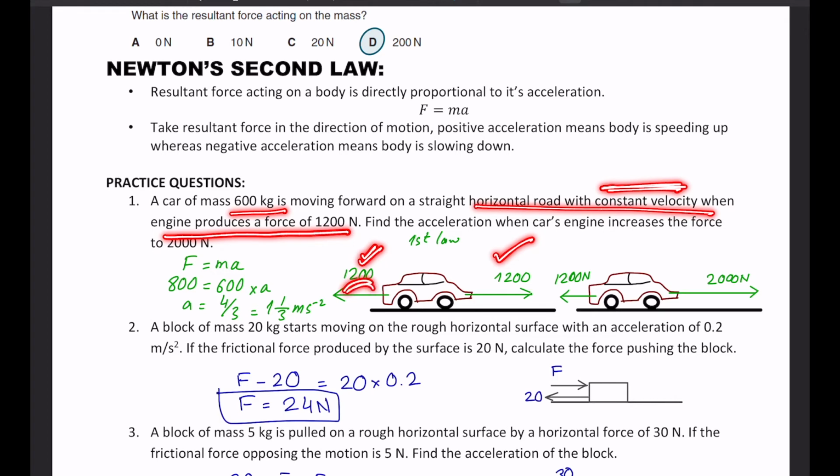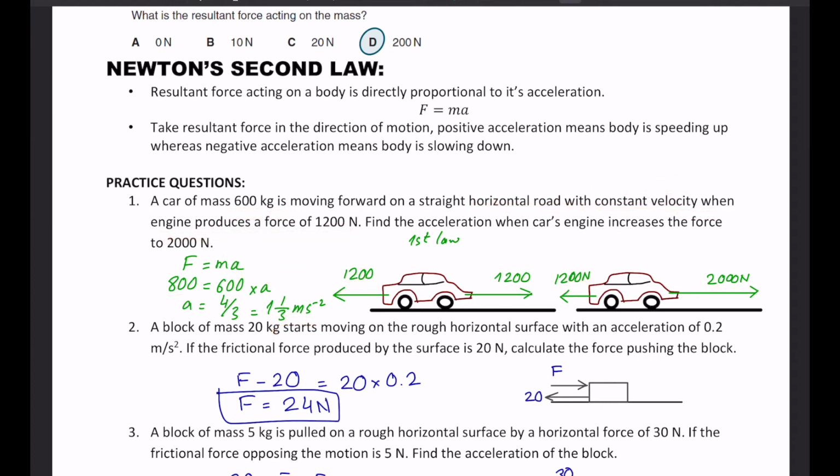This is something I figured out by applying Newton's first law. Then it says find the acceleration when the car's engine increases the force to 2000. So the forward force is increased to 2000, and the backward force we figured out as 1200 Newton. The resultant force would be 2000 minus 1200, that is 800, equals mass times acceleration, and that will get me the value of acceleration here.